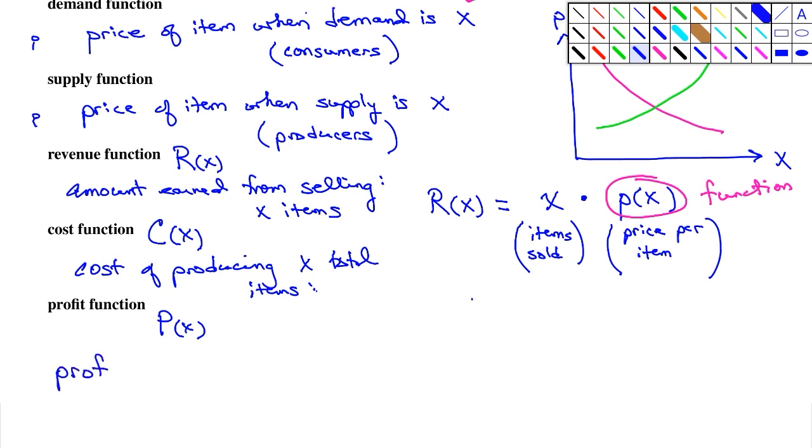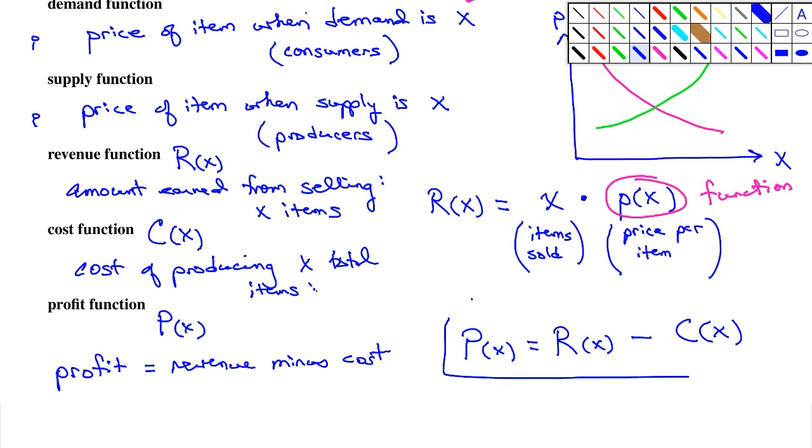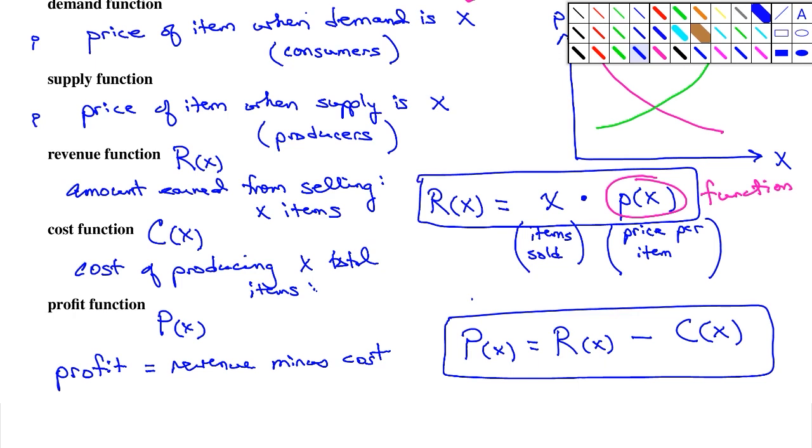Profit is equal to revenue minus your cost. So profit, P of X, is equal to revenue, R of X, minus cost, C of X. So those are sort of the two biggies for this section. And then you can talk about profit or loss. Profit is if your profit function is positive, and loss is when your profit function is negative, things like that. Basic economic stuff.